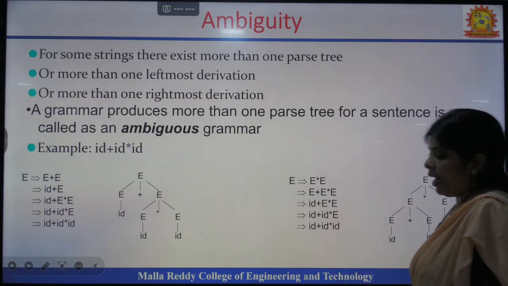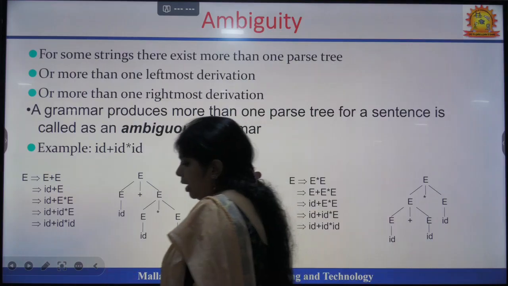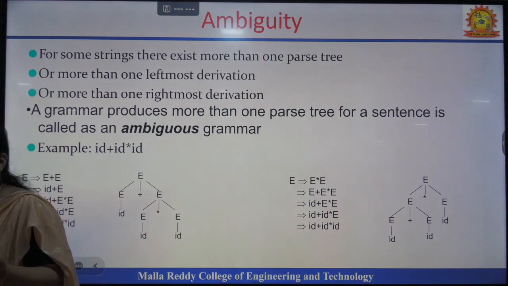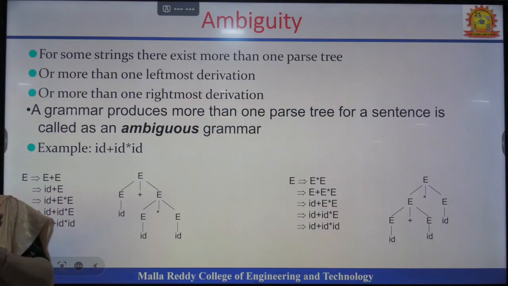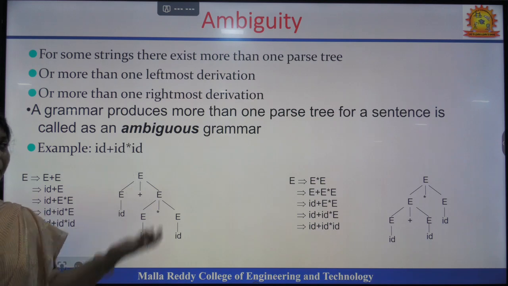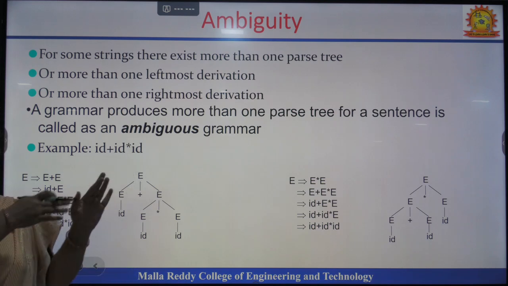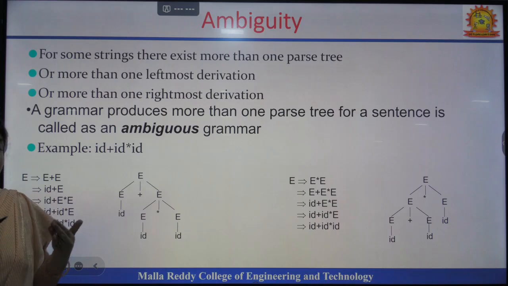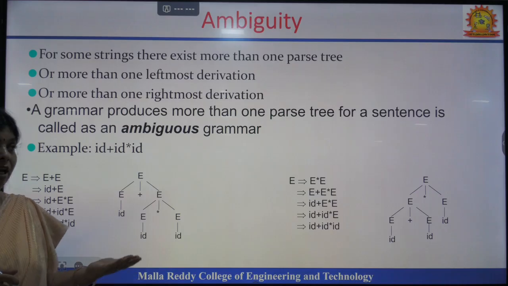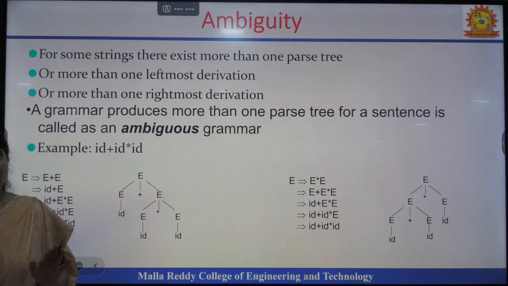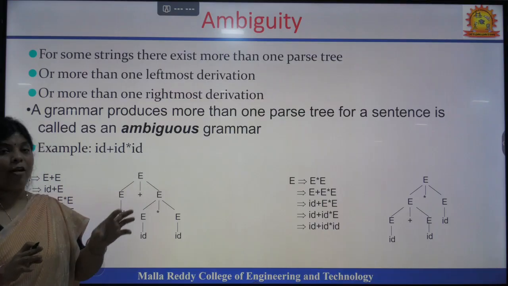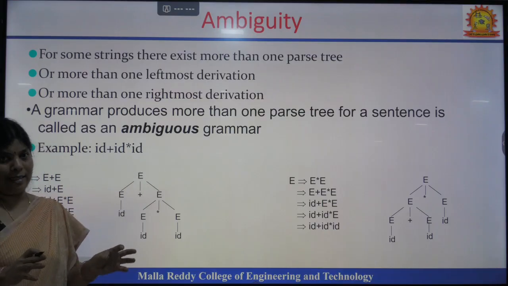Now if we are able to generate the tree either by using leftmost derivation or by using rightmost derivation, those are two different things. If we are able to generate the tree only by using rightmost derivation, that case is different. If we are able to generate the trees in both cases, either by using leftmost or by using rightmost, that means the order of generating the nodes is different.